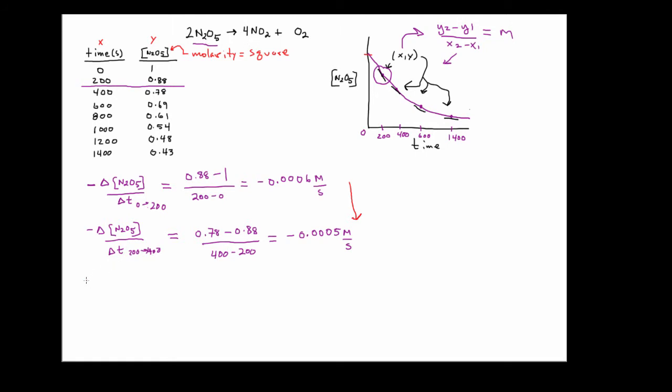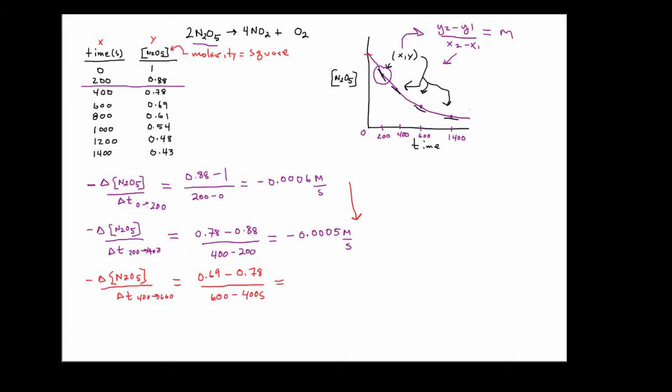All right, now if we look at the next interval, between 400 and 600. So we write again the same expression, and the interval will be 400 to 600. In this case, the numerator will be 0.69 minus 0.78, and that's molarity, and the interval here will be 600 seconds minus 400 seconds.